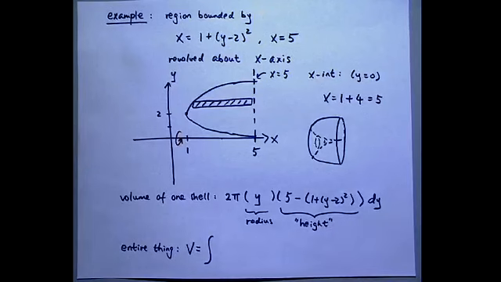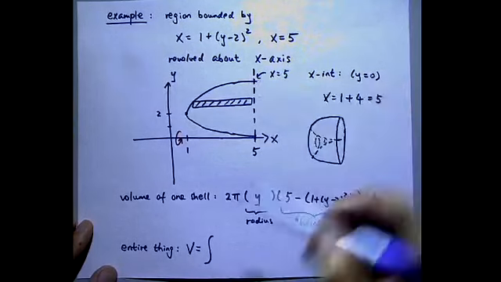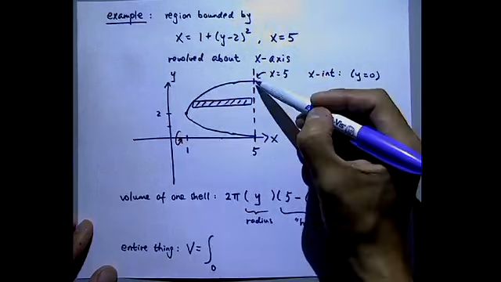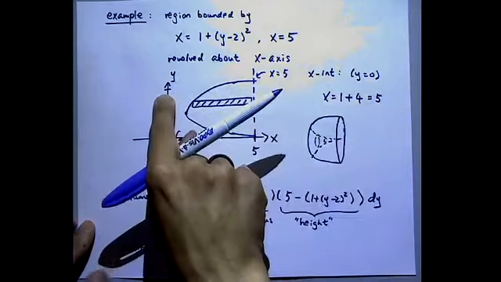What are my integration limits? We're integrating in y, so we start at the bottom of the region to the top of the region. So 0 to, we need to figure that out, right?